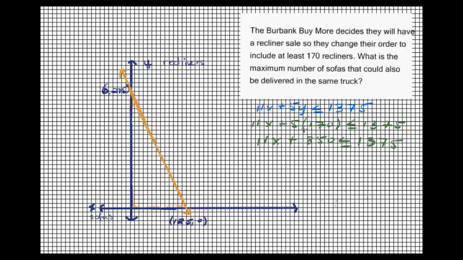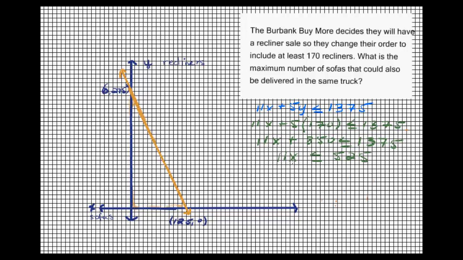Again, we're solving for x. Right now 850 is being added, so to undo that, we subtract 850 from both sides to keep our equation in balance. On the left side the 850 goes away, and 1375 minus 850 is 525.